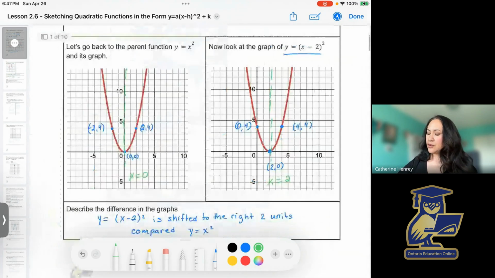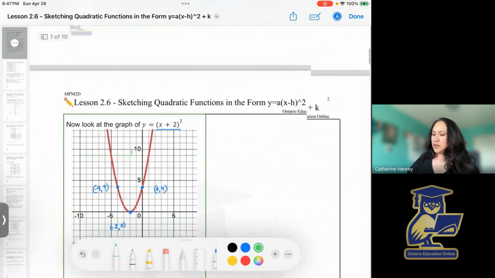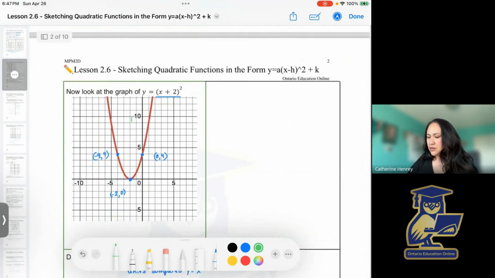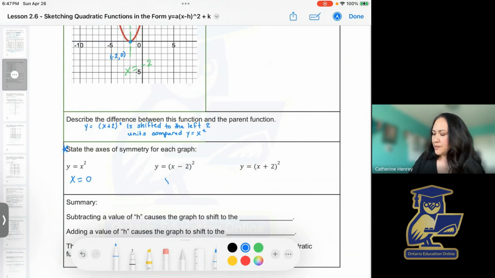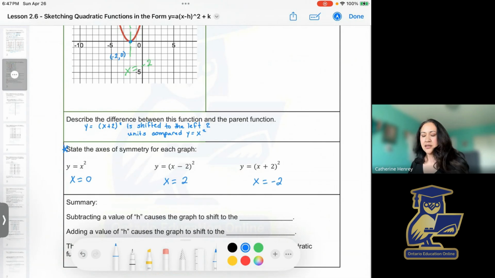And then in our third graph, the axis of symmetry going through this vertex is going to be x equals -2. Let's go ahead and plug that into the document: x equals 0, x equals 2, and x equals -2. Those are the three axes of symmetry that correspond to each of those three graphs.